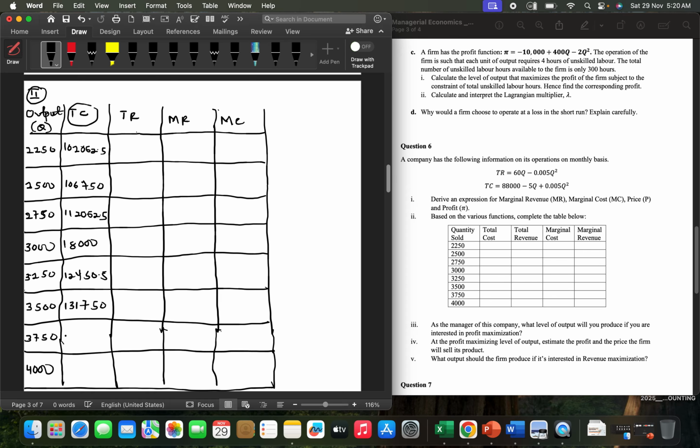The next one is 139,562.5. The last one is 148,000.